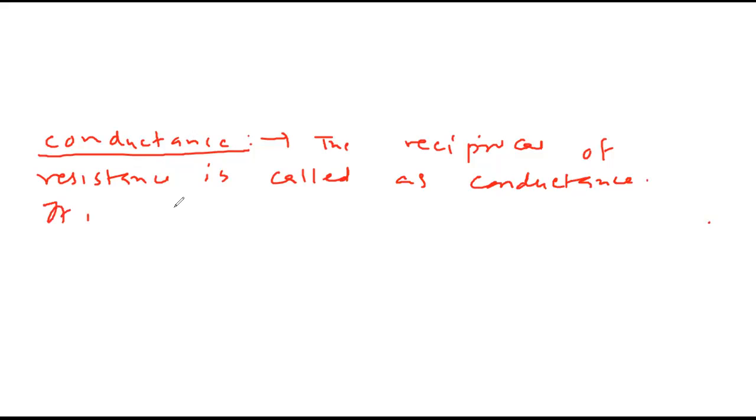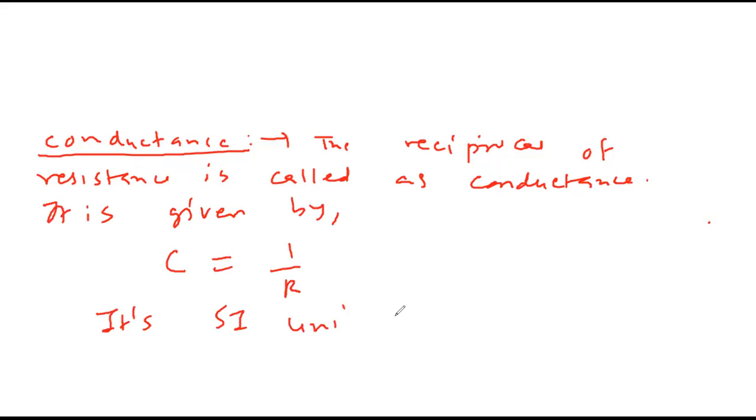It is given by C equals 1 upon R. Its SI unit is Siemens, or ohm raised to minus 1, or mho.